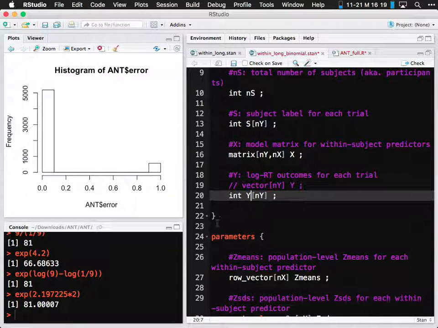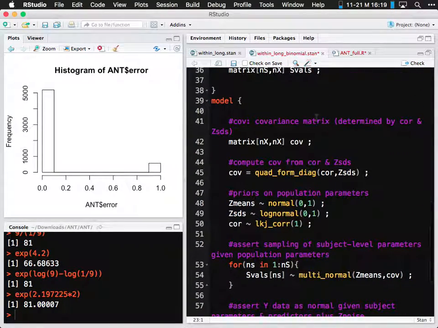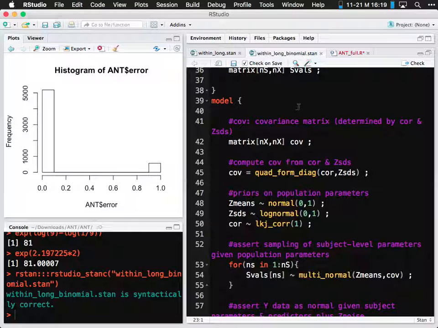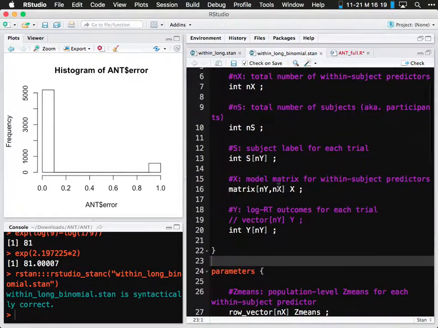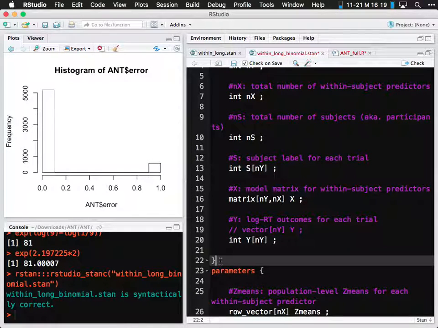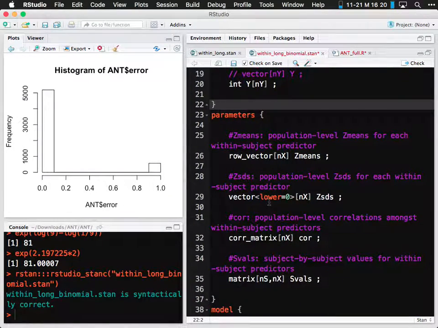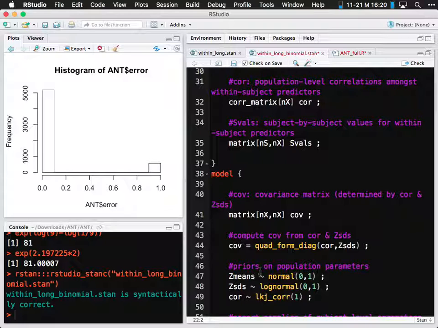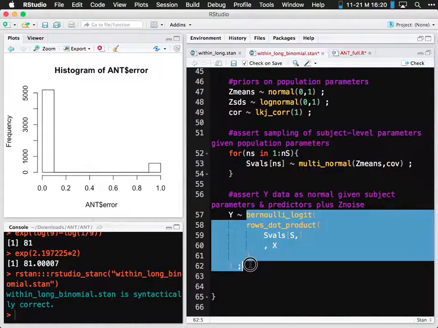Does that model work? So I'm going to save. When I click check on save, it's like, ooh. I'm wondering what I'm missing now. Well, so we got rid of the whole generated data. We got rid of the Z noise, the prior on Z noise, and we changed this to Bernoulli logit.